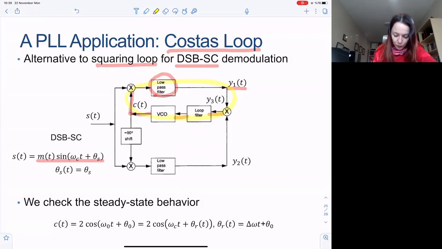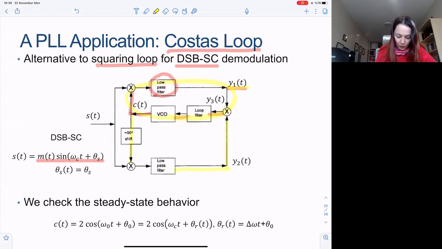And there is another loop here. So this is a sine, sine multiplying the sine and low pass filtering. That is going to give us Y2 of t, which when mixed with Y1 of t is going to feed the input of the loop filter.